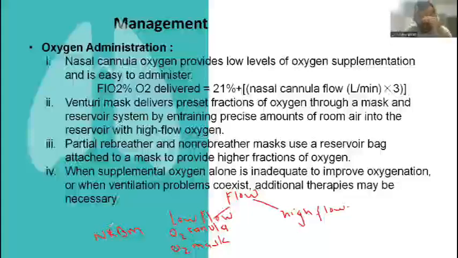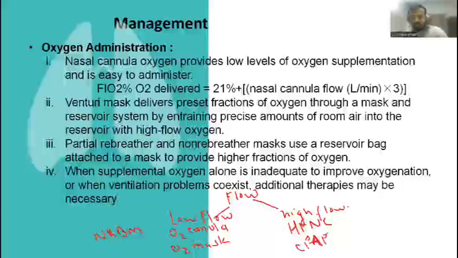The FiO2 of the air is as high as 90 to 100% in an NRBM. The flow of the NRBM cannot exceed one limit, and due to that it is classified as a low flow device, while high flow devices are the high flow nasal cannula and CPAP devices.